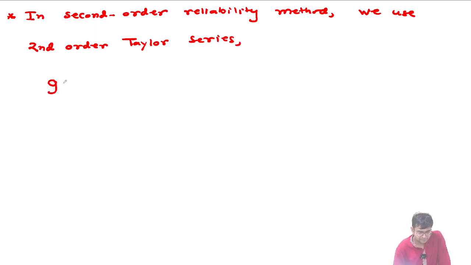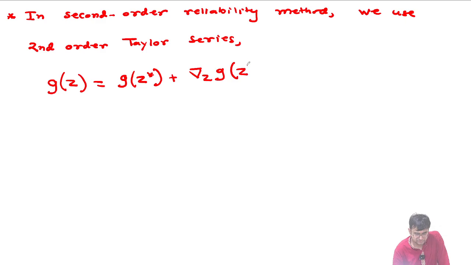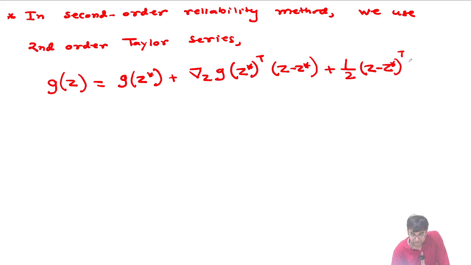We are saying that by that logic, if I do a Taylor series expansion about the MPP, which is my most probable point or my design point, I will get something like G of Z star plus grad of G at Z star transpose (Z minus Z star) plus half (Z minus Z star) transpose Hessian (Z minus Z star), and we already saw what it is.